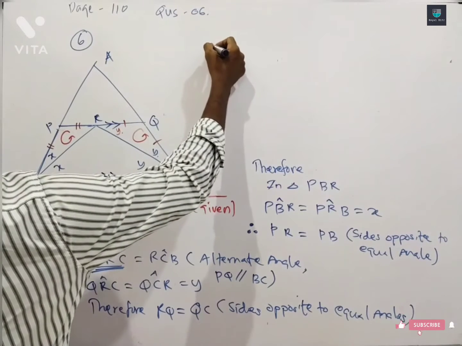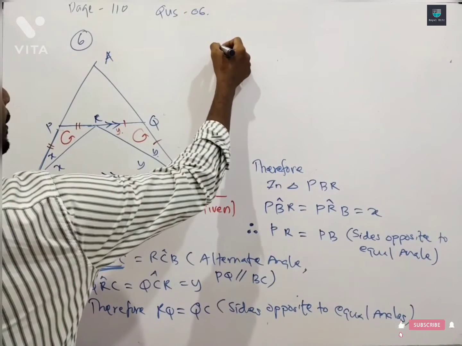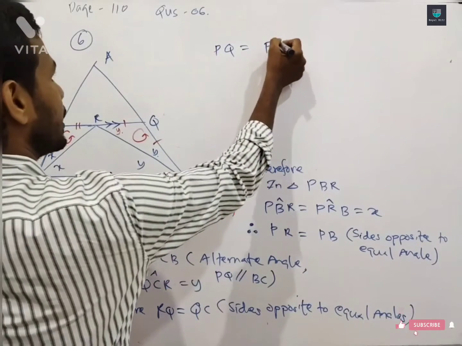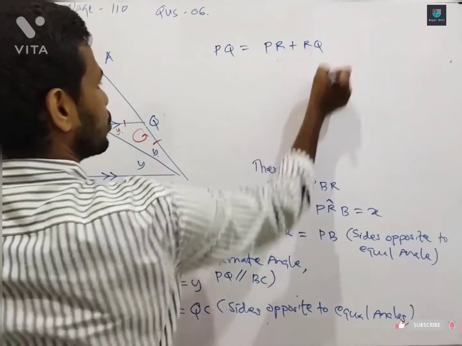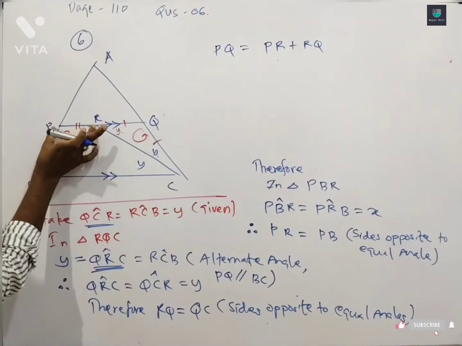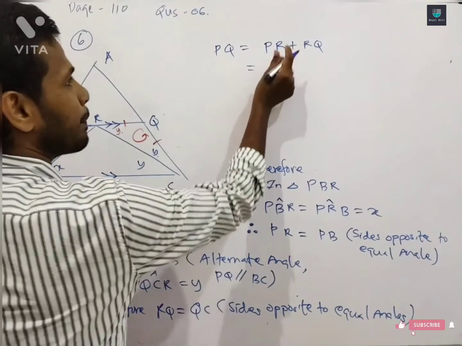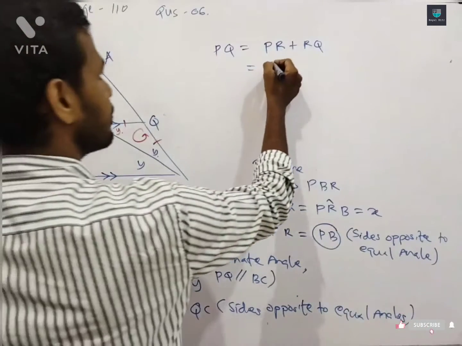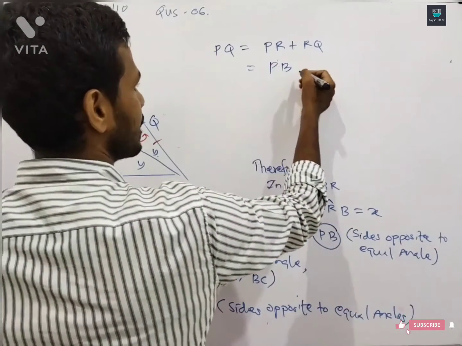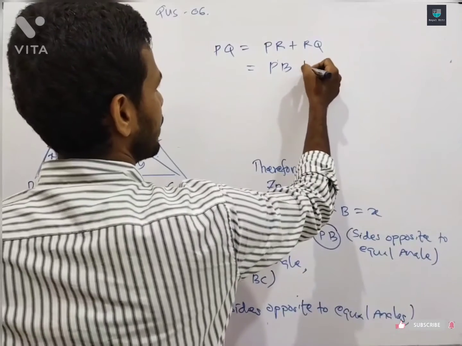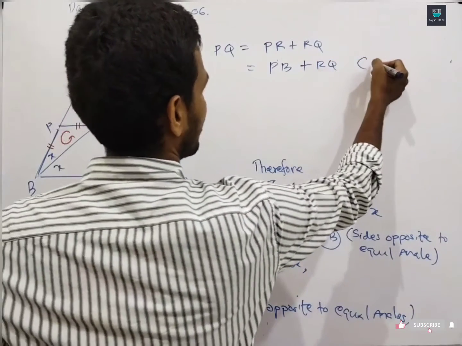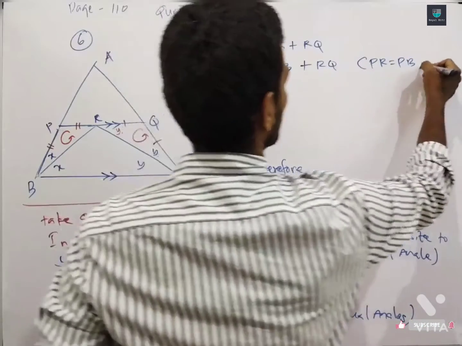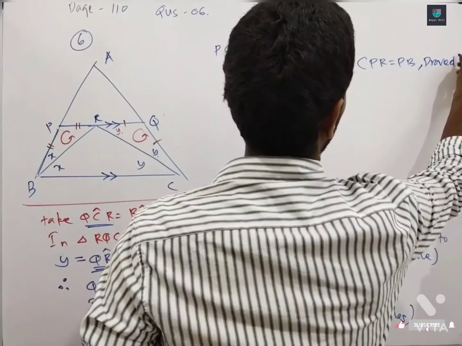So now we know that PQ is equal to PR plus RQ. PR can be written as PB, since PR is equal to PB is proved.